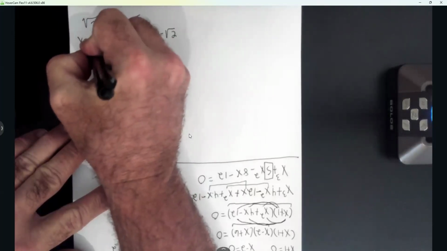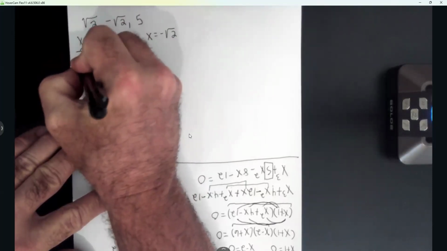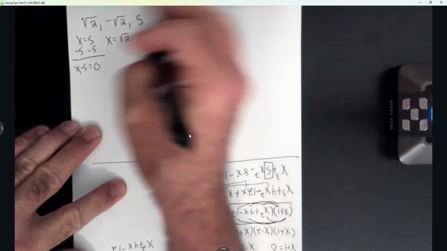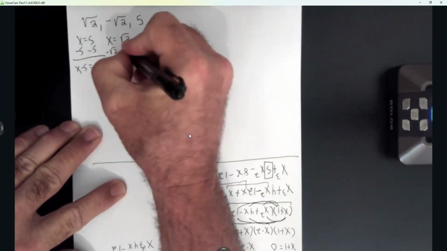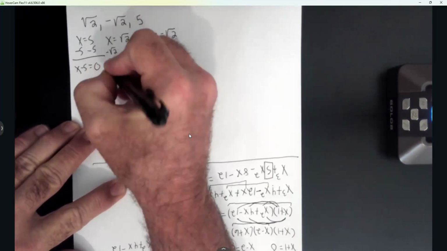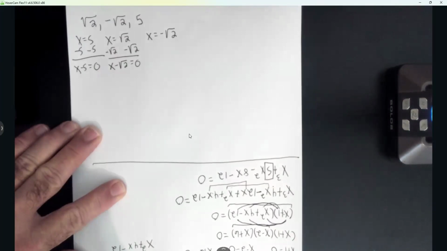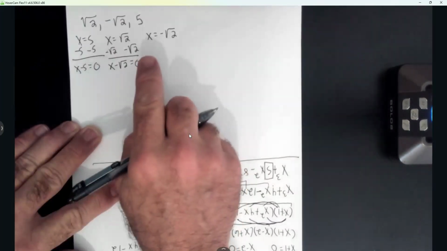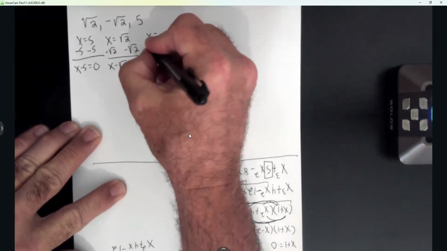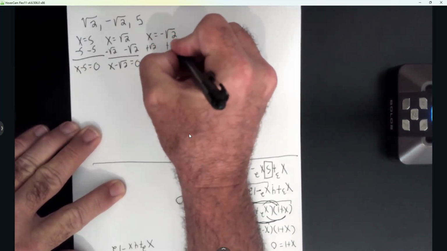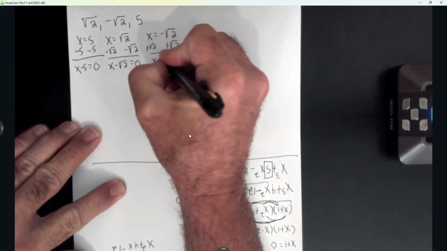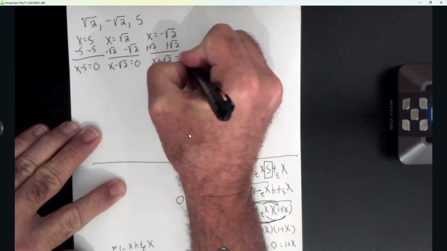So add negative 5 to both sides: x minus 5 equals 0. Subtract the square root of 2 from both sides of the middle one: x minus square root of 2 equals 0. And y'all, the last one, we're going to add the square root of 2 to both sides and get x plus square root of 2 equals 0.